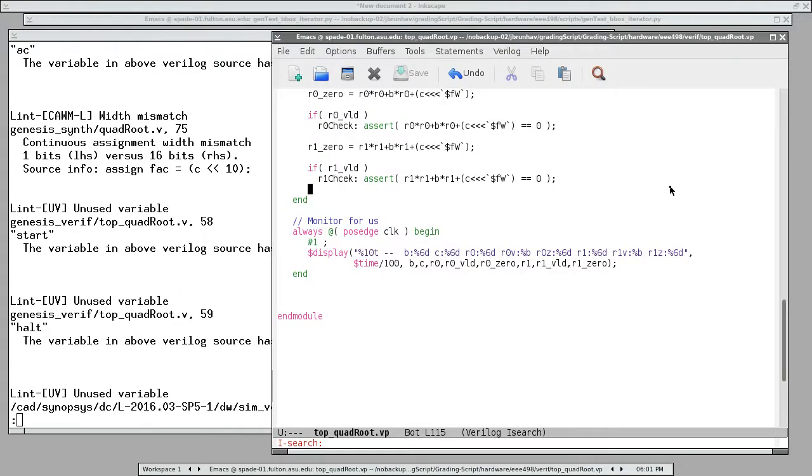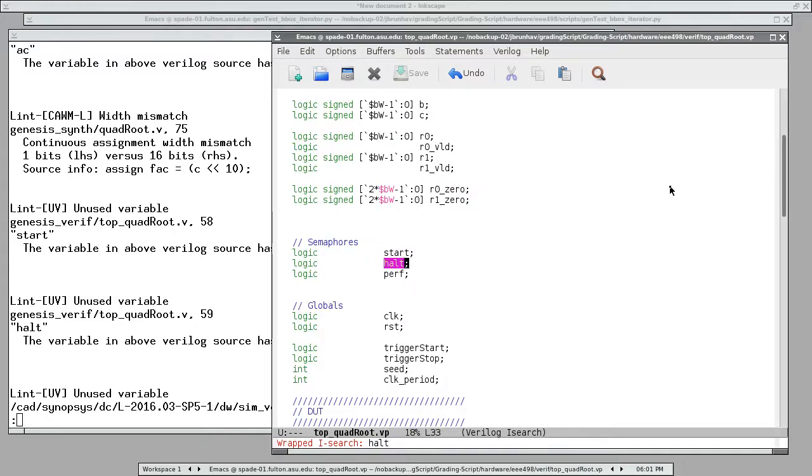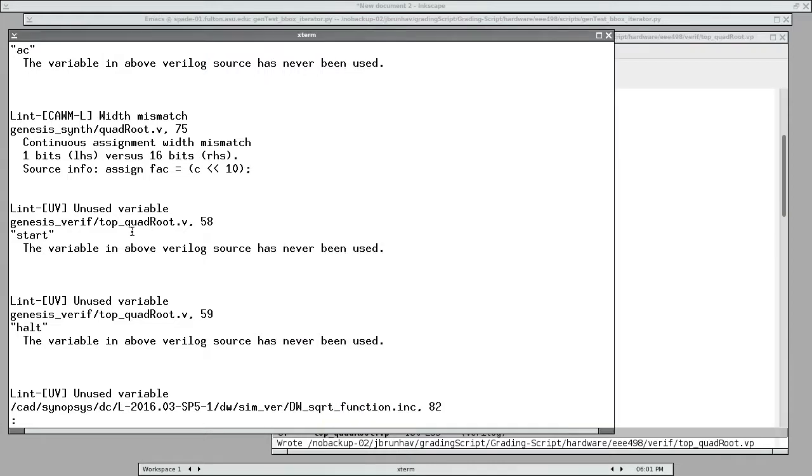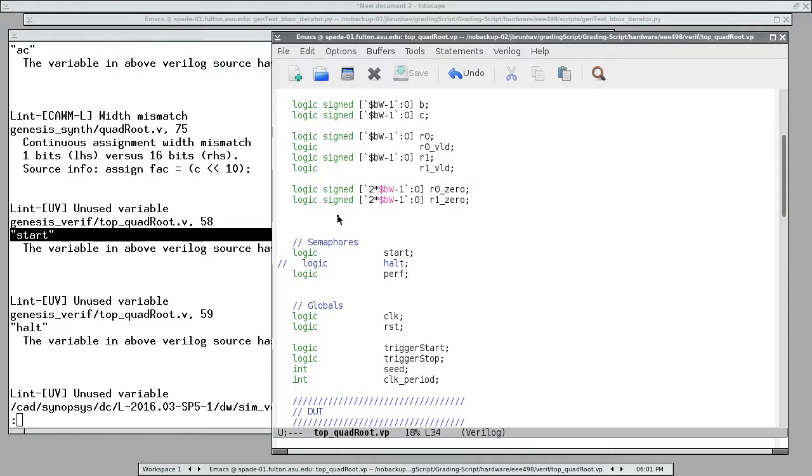We've never used halt, so we'll just close that out because we're not using it. We haven't used start, so we're not using that either.